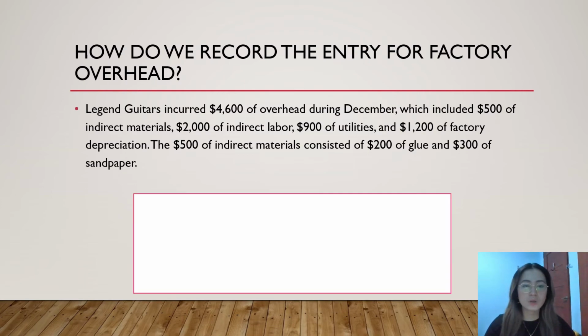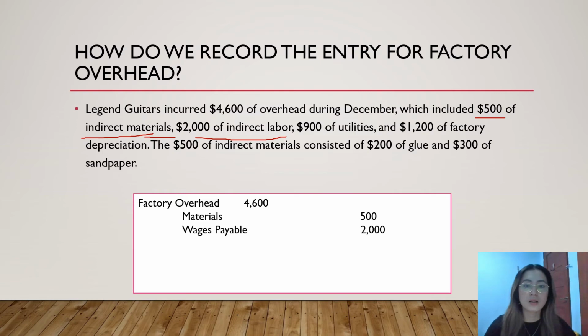So to journalize that one, we debit factory overhead 4,600. To record the materials, we will record the indirect materials as materials 500. For the indirect labor, we will record that as wages payable 2,000.